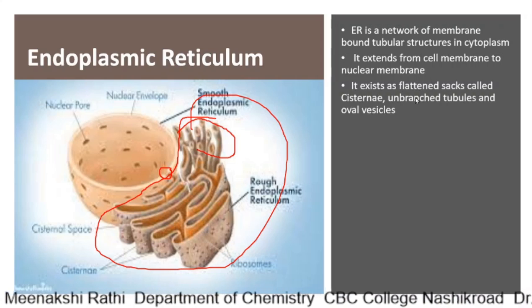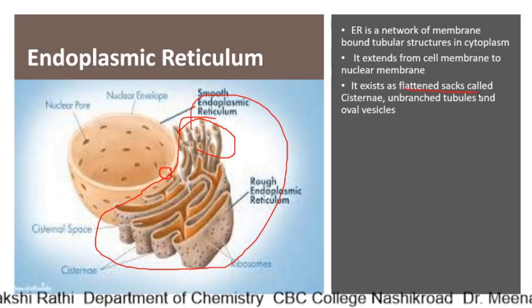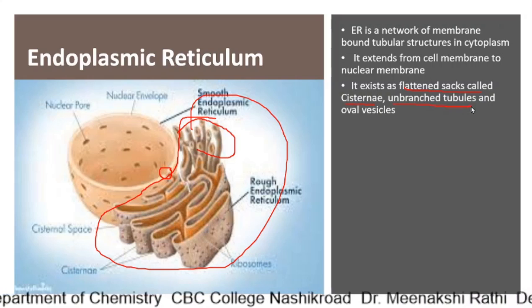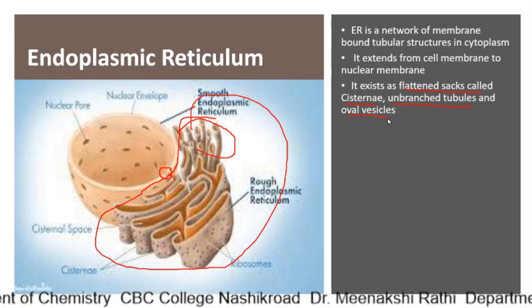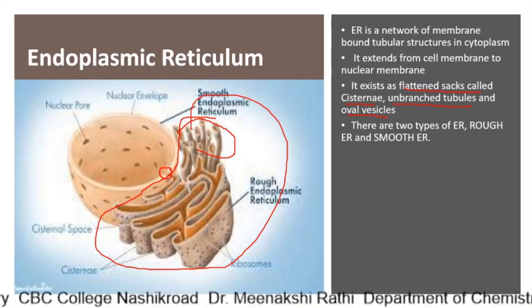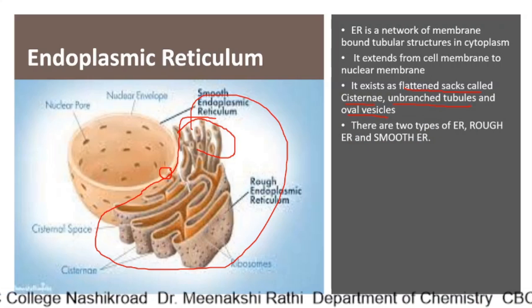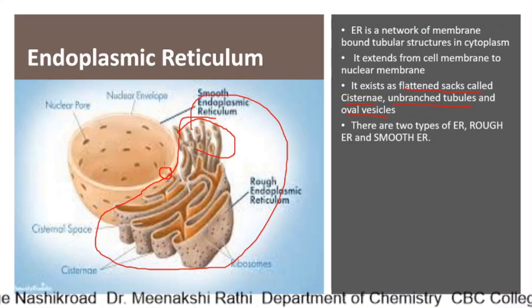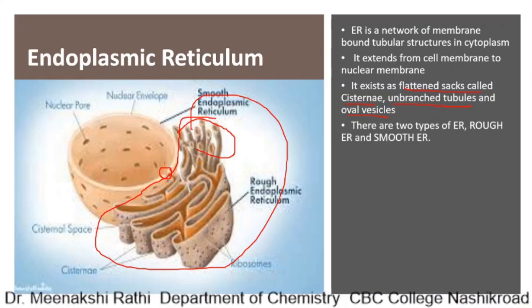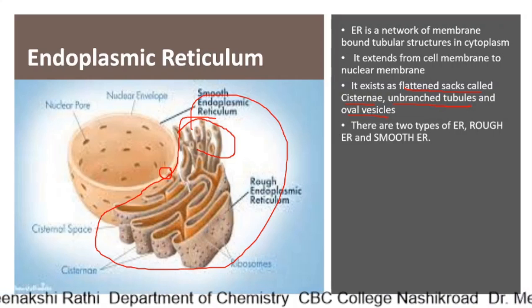So it exists as flattened sacs called cisternae, unbranched tubules and oval vesicles. These three parts are there. There are two types of endoplasmic reticulum. One is rough endoplasmic reticulum and another is smooth endoplasmic reticulum.